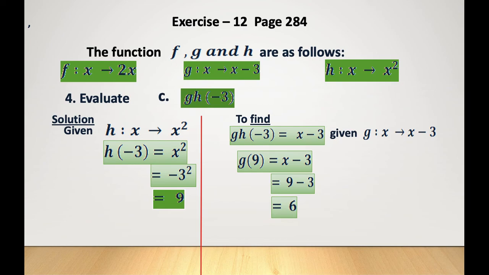So your final answer for g of h of negative 3 is 6. That is how you perform this composite function operation: first h of negative 3 is performed, and then you use that result to evaluate g. This is our final output.